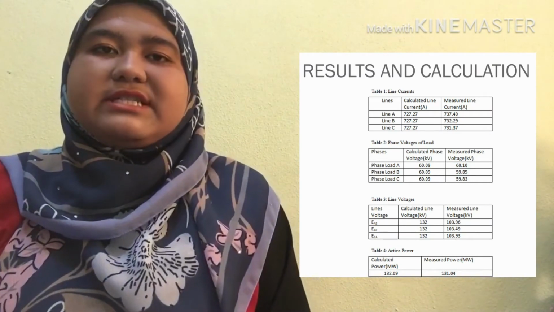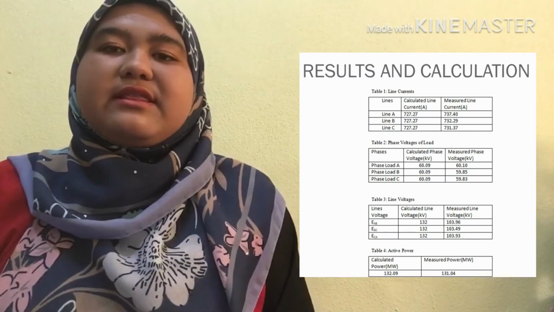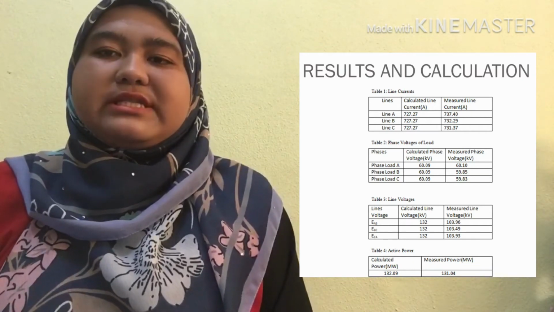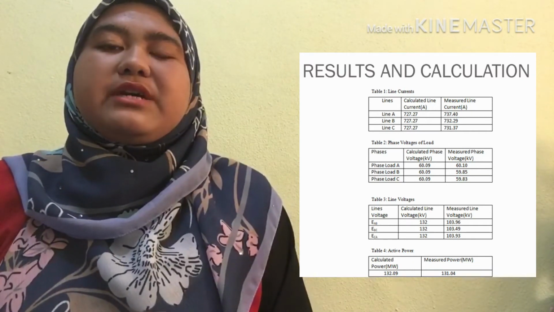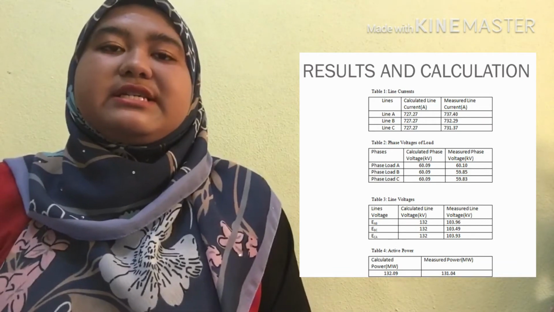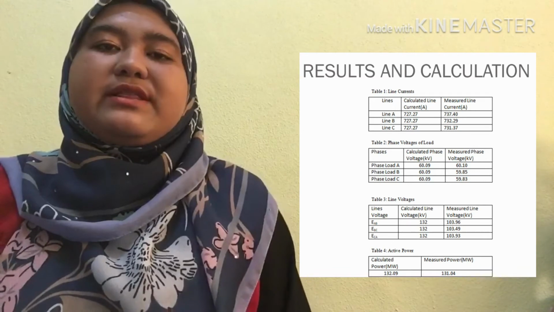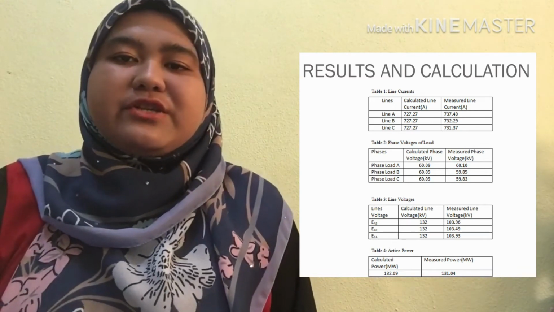Then Table 4 shows the value of active power absorbed by the loads. The active power is calculated by using the 2-wattmeter method. There was a difference between the calculated value and the measured value.